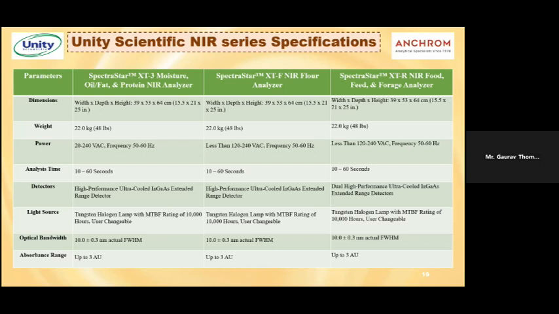For measuring the reflectance and transflectance, the rays have to be made incident over the sample. For that, the lamp source that we have is the tungsten halogen lamp with a mean time between failure rating of 10,000 hours. So for 10,000 hours, this lamp is functional once you install it.